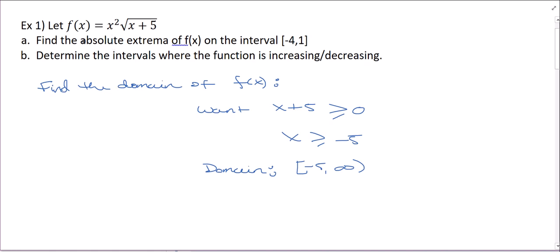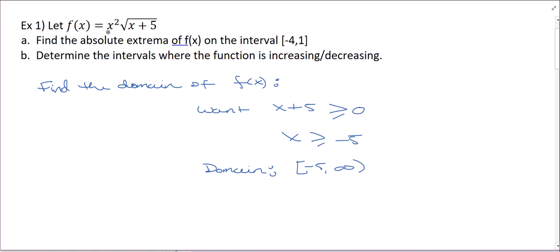Now we have to find the absolute extrema on the closed interval. So we have to make sure that the function is continuous on that closed interval so we can use the extreme value theorem. Remember from the previous sections, the extreme value theorem tells us that if a function is continuous on the closed interval, then the function attains its absolute maximum and absolute minimum on that interval, and they either occur at the endpoints or on the critical numbers that lie inside that interval.